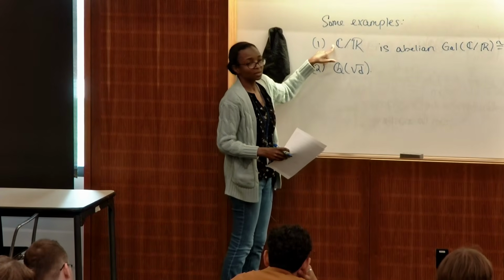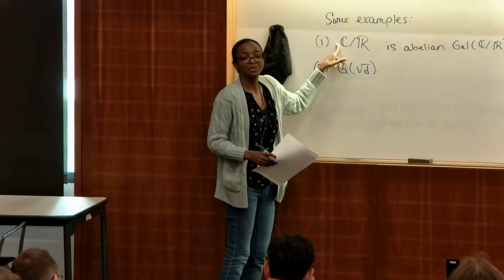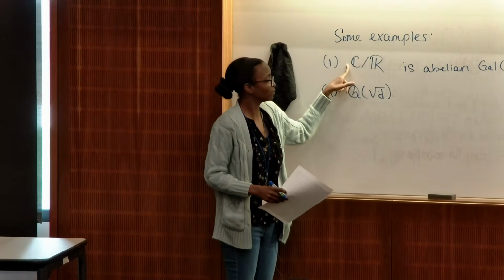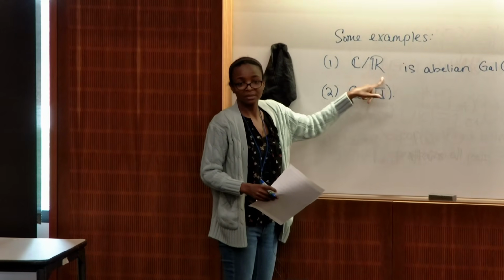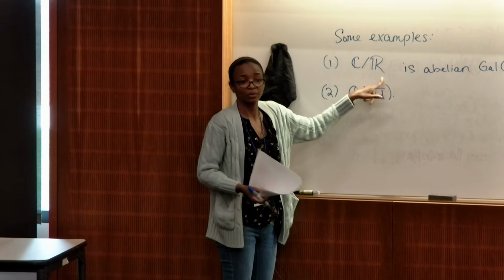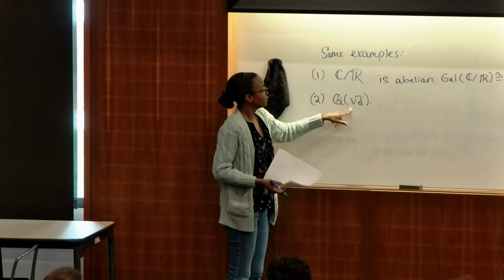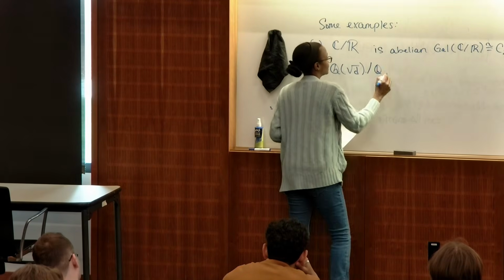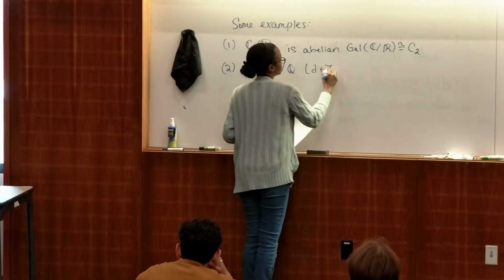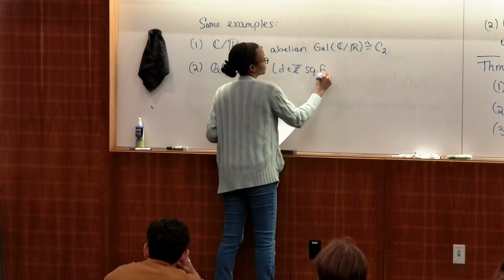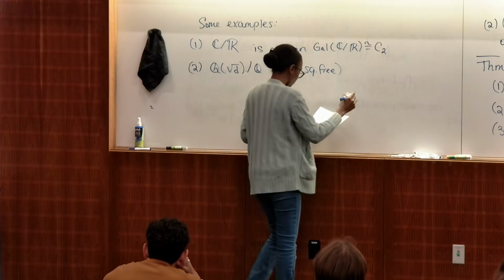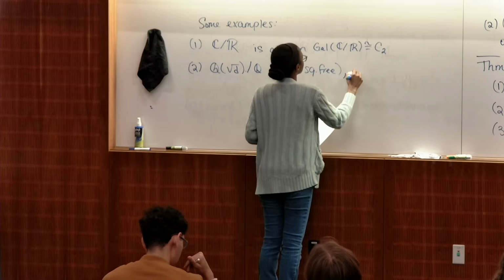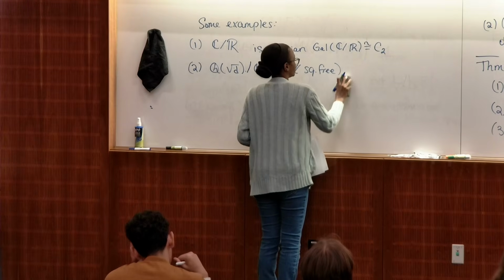And in this case, if I'm making a quadratic extension, it's because I'm giving myself a square root that I didn't have before. The square root that I'm giving myself that I didn't have before was just a square root of -1, right? Here, if I give you a square root of some square-free integer d, this is also abelian.